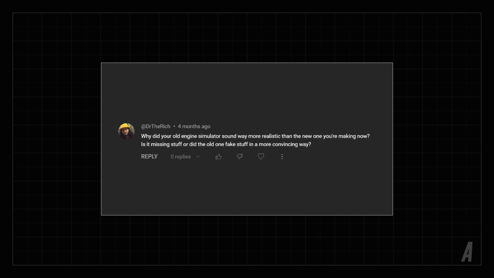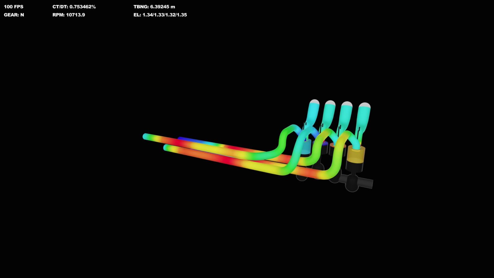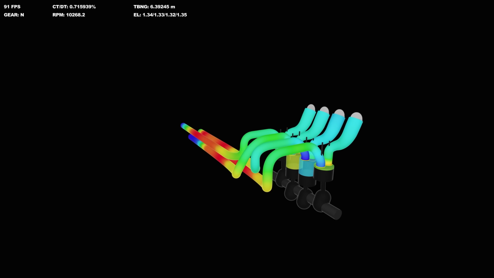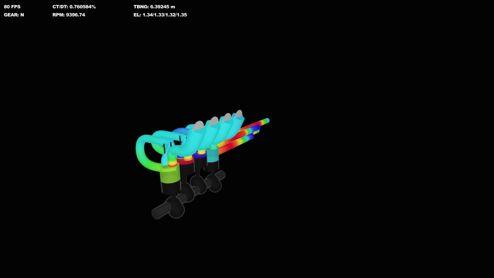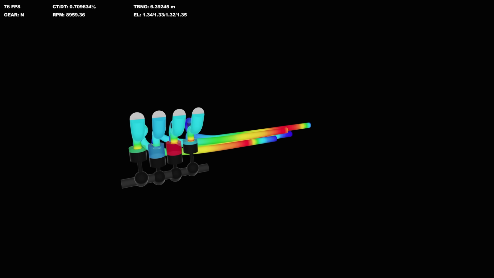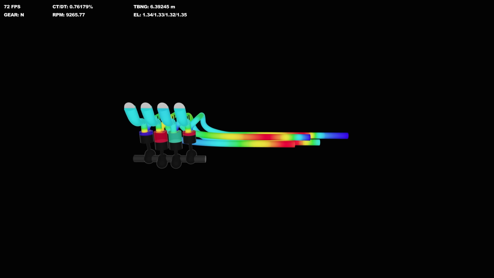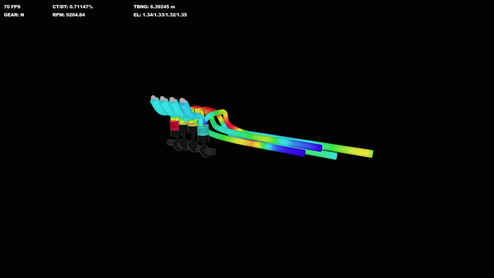I know there are a few artifacts and audio glitches here and there that need to be worked out, and I will address them to the best of my ability. To me though, this new fluid simulation is definitely the way forward. The flexibility of the exhaust simulation is just not something that old Engine Simulator can compete with. For example, changing the length of the exhaust system deepens the sound in a noticeable way, whereas in old engine simulator, it doesn't.